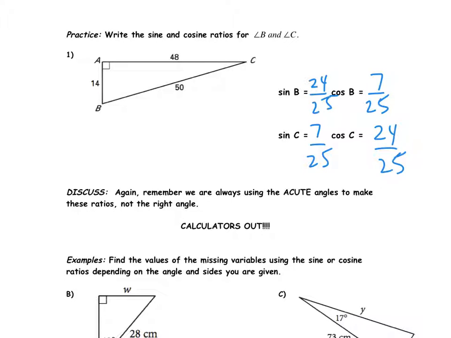All right, so notice 25 is the denominator for all of them. That's the way it should be, okay? And then second, notice that these two are the same and then these two are the same, okay? That's a tiny little check for you, all right? So, big idea, all right? Again, in terms of discussion, it says remember always use the acute angles to make these ratios, not the right angle. We talked about that yesterday, about how we're not doing that, okay?